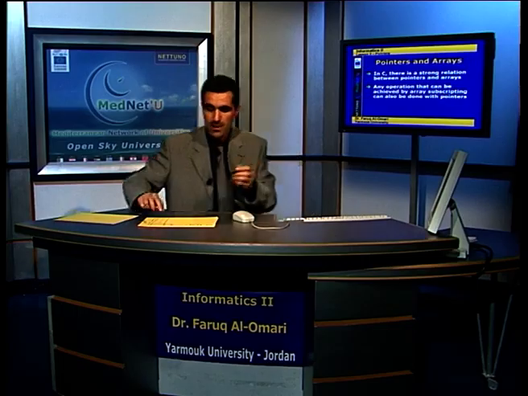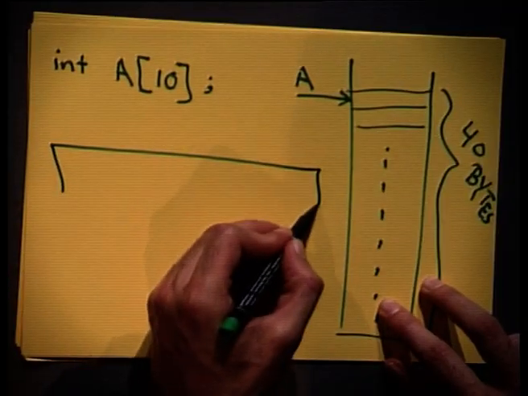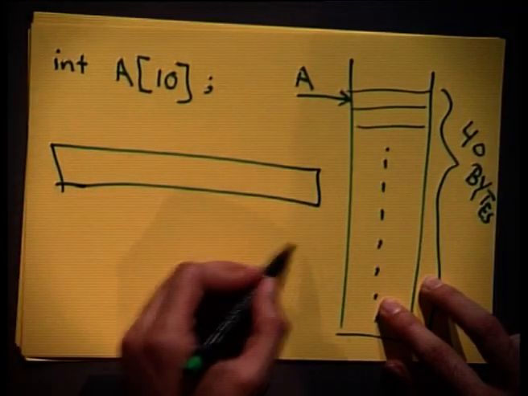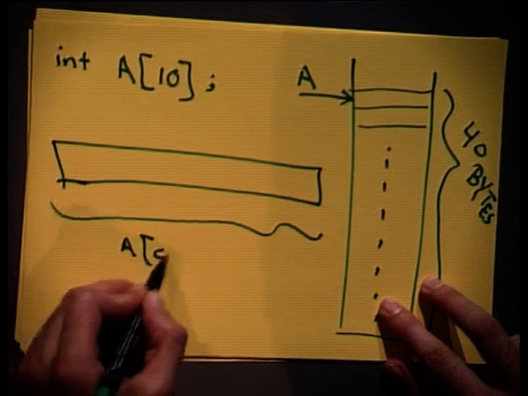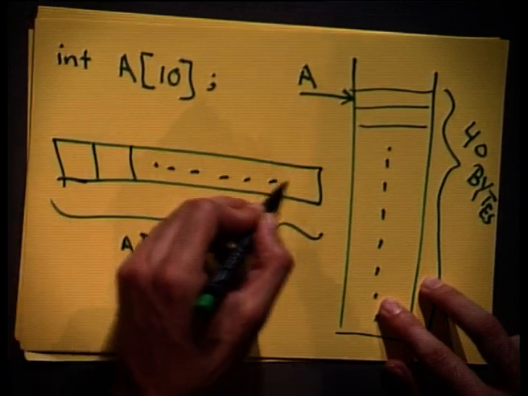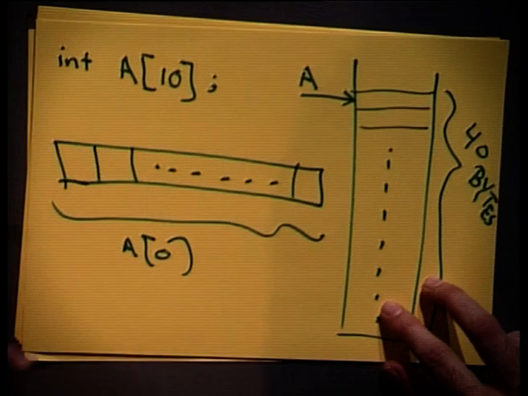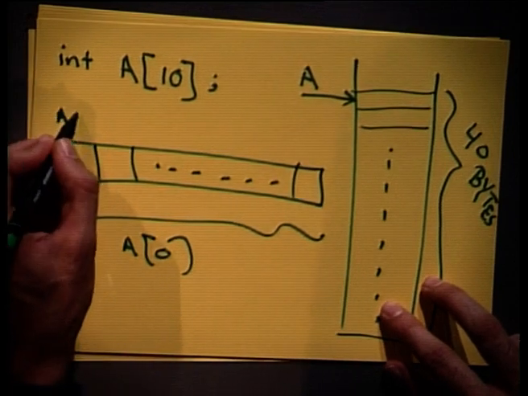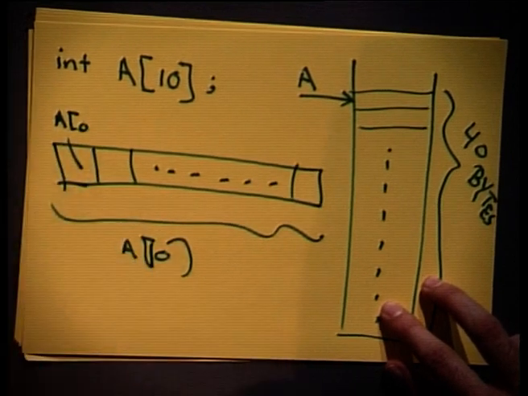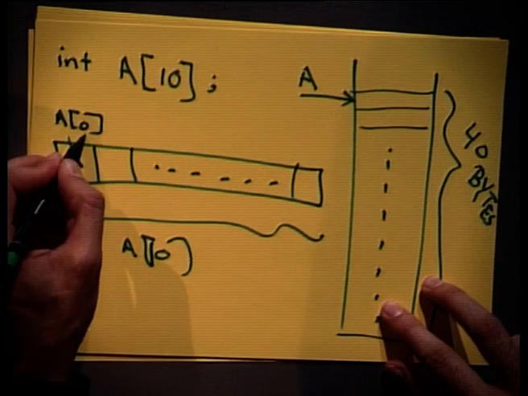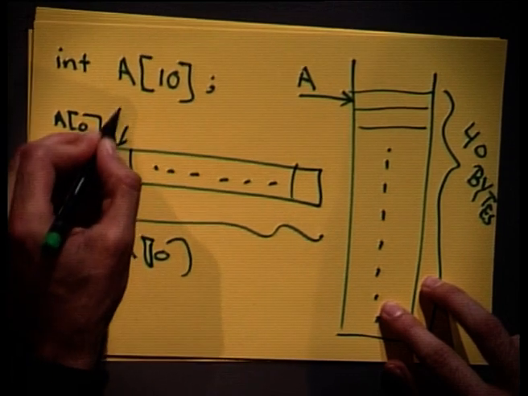I'm going to show you a picture in a second on the slide. This is A of 10, and that means I have an array of 10 entries. So this is A of 0, and this is A of 1.